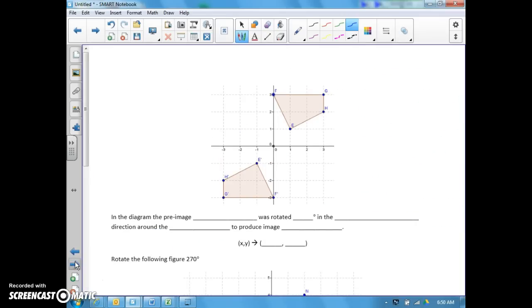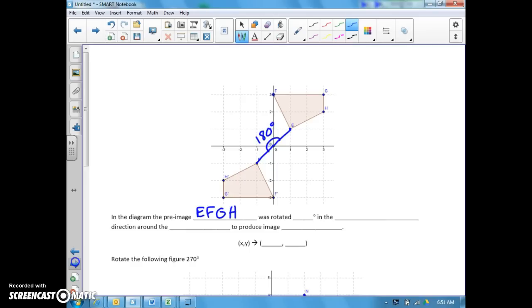All right. Let's look at another example. This is the pre-image EFGH, and let's see how far it was rotated. I want to pick a point and join it with the origin and its image to make an angle. That is a straight angle.